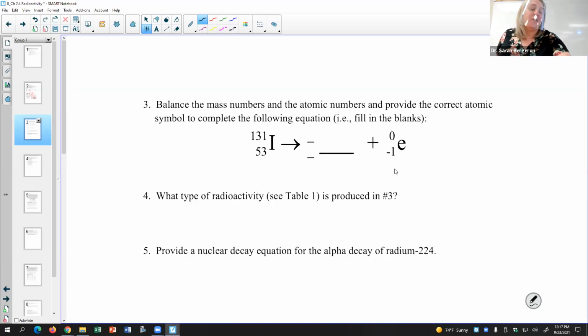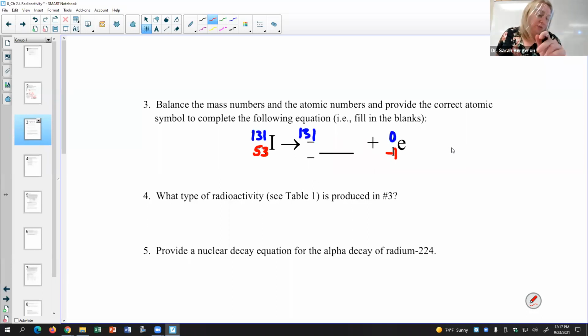So what do I do? On the top, I have 131 and I have 0. So what plus 0 is 131? 131, right? Okay, now at the bottom, I have 53 and I have -1. So -1 plus what number gives me 53?